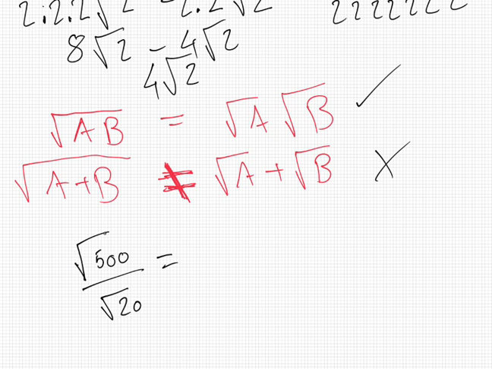Let's see if we can do this in our heads. 100 times 5, 10 root 5. And then here, 5 times 2 root 5. So again, you simplify before you combine. That's the idea in the second question.